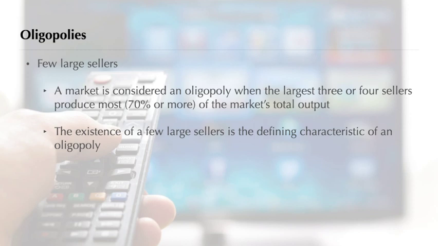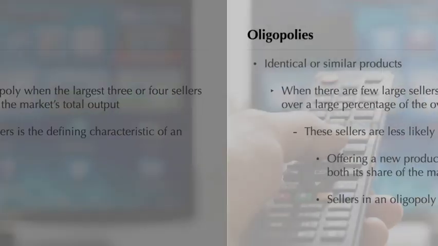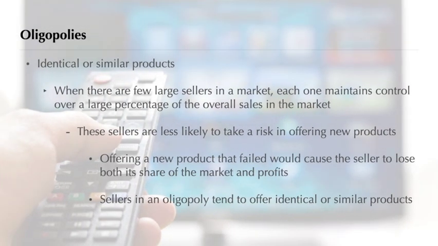The existence of a few large sellers is the defining characteristic of an oligopoly. No other market structure has this feature. A market is considered an oligopoly when the largest 3 or 4 sellers produce most, perhaps 70% or more, of the market's total output. When there are a few large sellers, each one has a large share of the overall sales in the market.